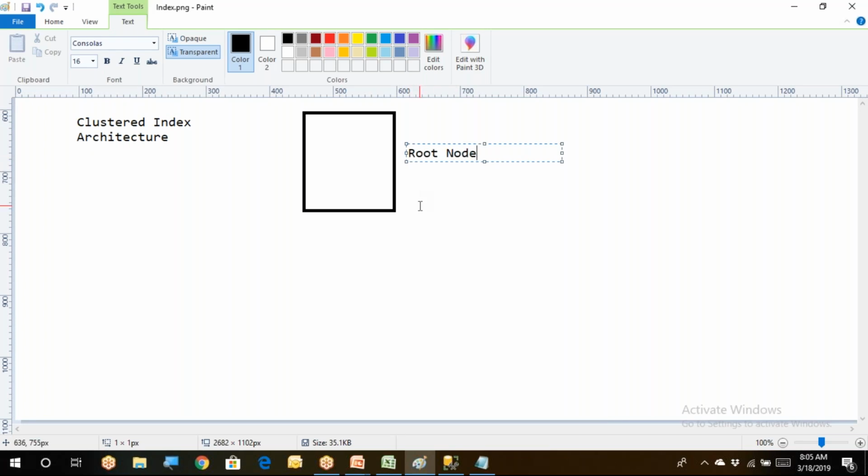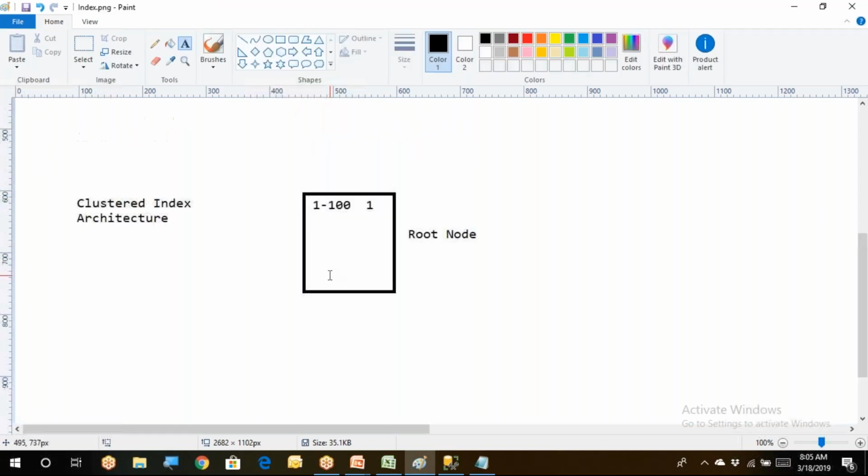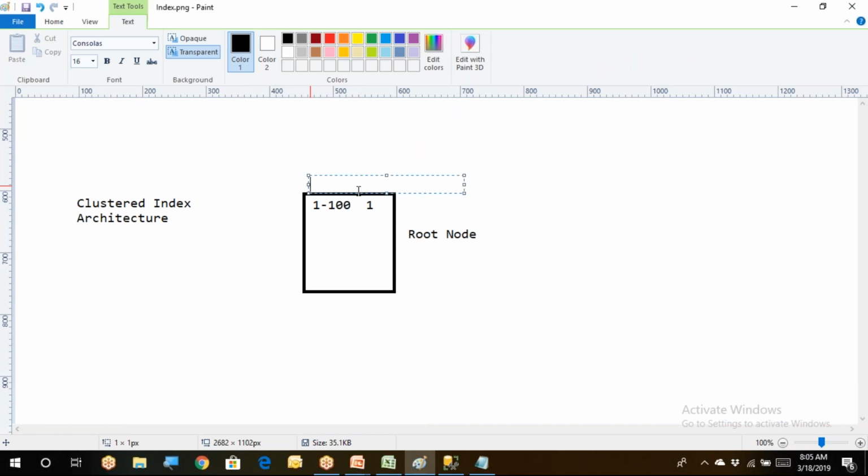Here it will give you row numbers, let us say 1 to 100, available in a page number. Here I'm talking about the rows, and here I'm going to have a page number. That is what you need to understand.